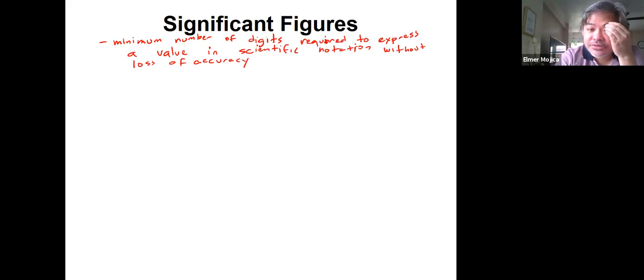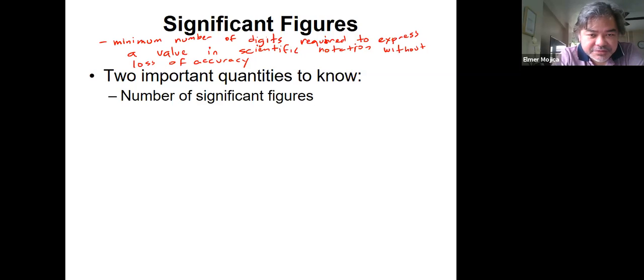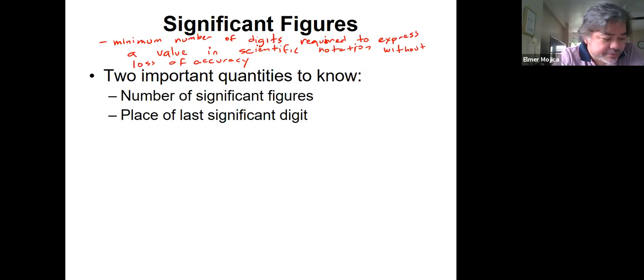And they said there are two important quantities that we need to know: the number of significant figures and the place of the last significant digit.